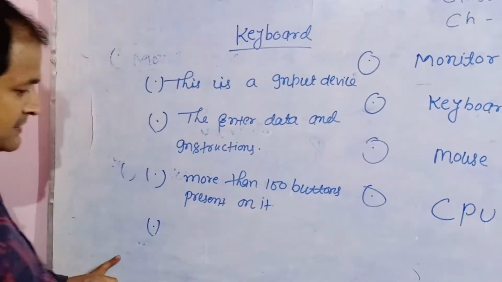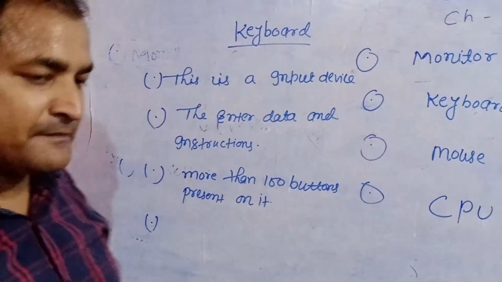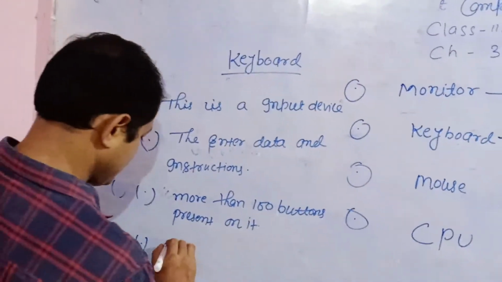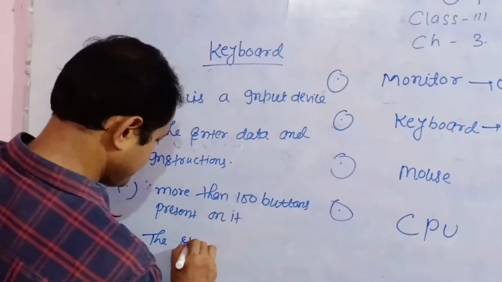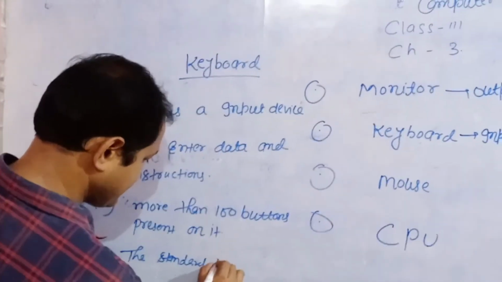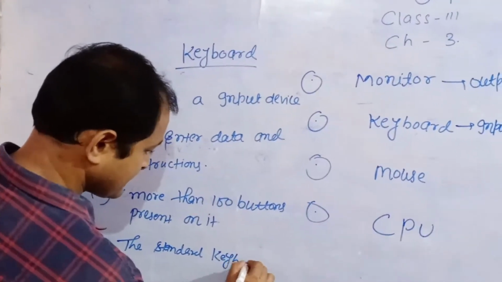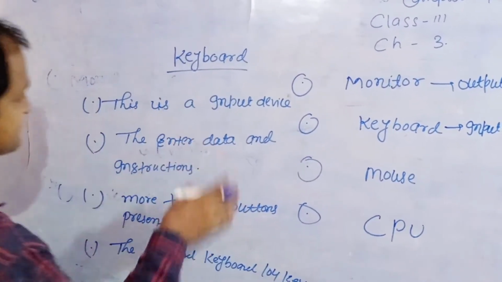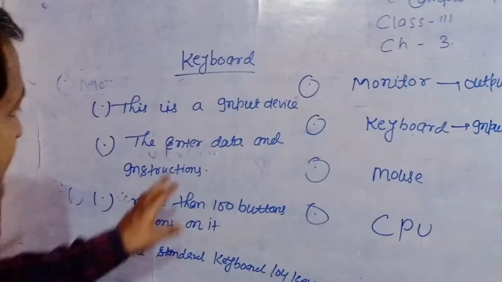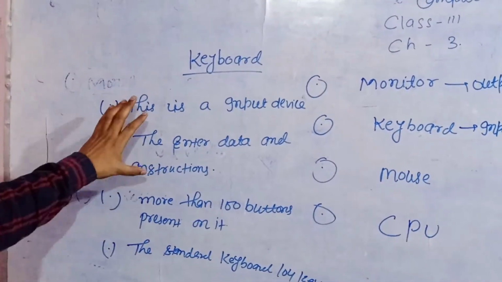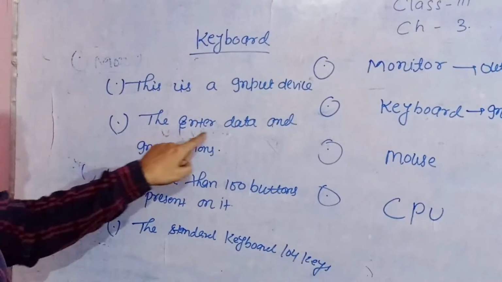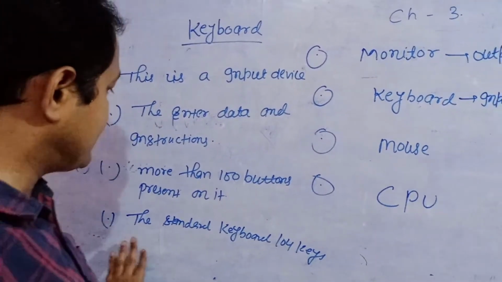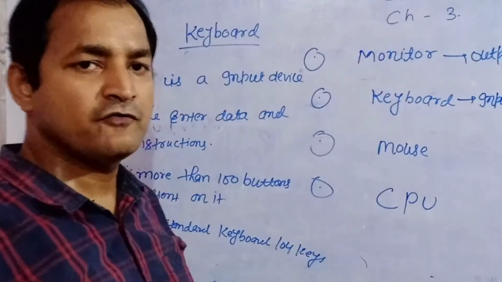And the fourth point, the standard keyboard has 104 keys available. This is the keyboard. This is the input device. Why is the keyboard the input device? Because you enter data and instruction, more than 100 buttons are present on it, and the standard keyboard has 104 keys.